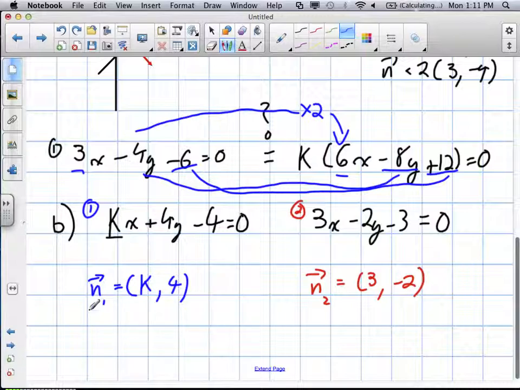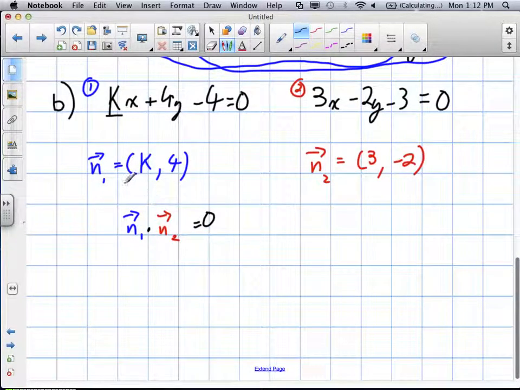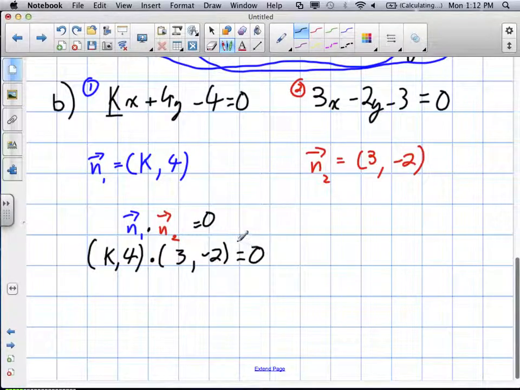If the lines are going to be perpendicular to each other, we know the normals will be perpendicular to each other also, which means that the dot product of normal 1 and normal 2 is going to be equal to 0. So we put these values in. Normal 1 is k and 4, multiplied by 3 and negative 2, equal to 0.